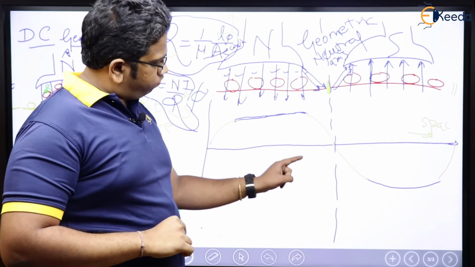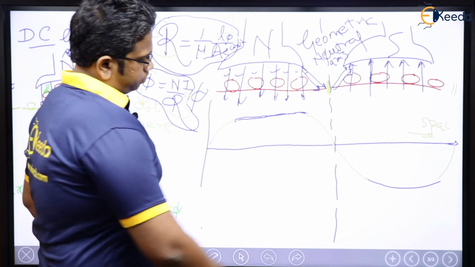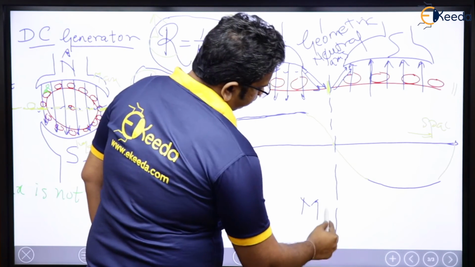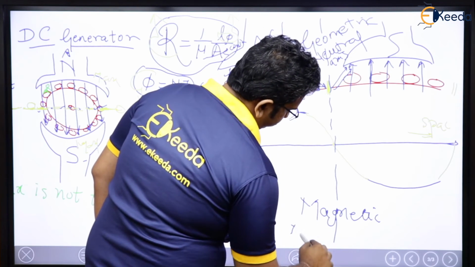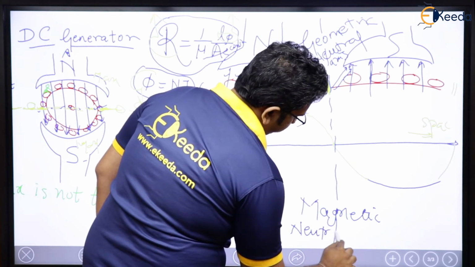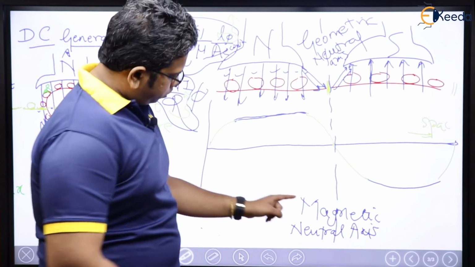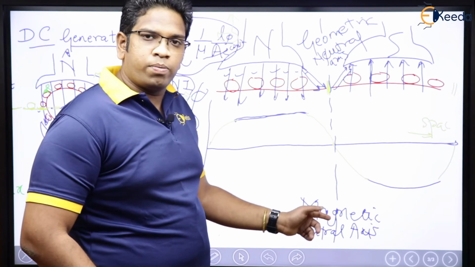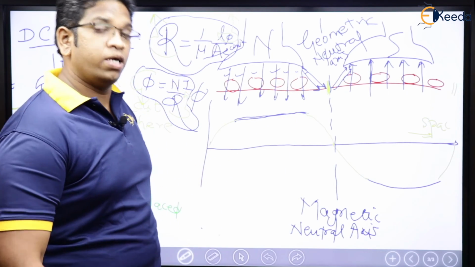And since the flux is also 0 here, it is also called the magnetic neutral axis. Why? Because the magnetic property is flux, and at this axis flux is 0. That is the reason it is called that way.